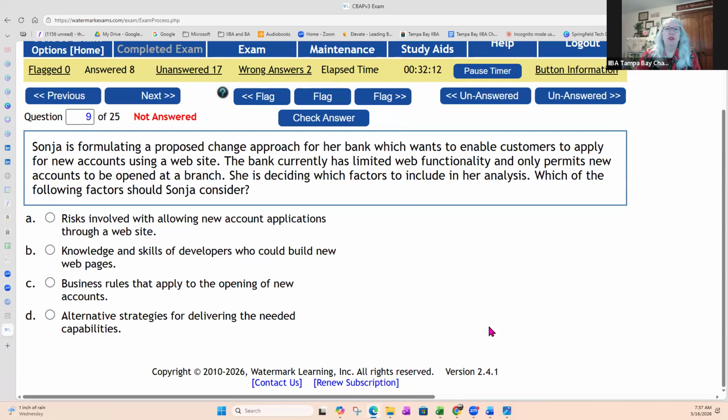Risk involved with allowing the new account applications through their website is the first consideration that they propose. Knowledge and skills of developers who could build the new web pages. Business rules that apply to the opening of the new accounts. Alternative strategies for delivering the needed capabilities. Which one could we eliminate?